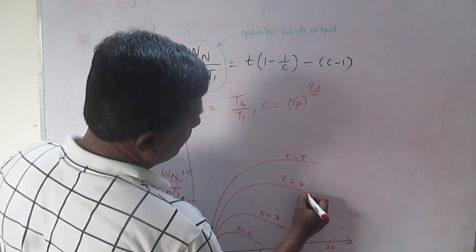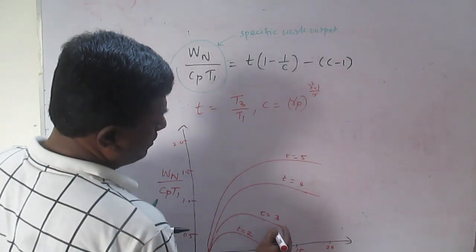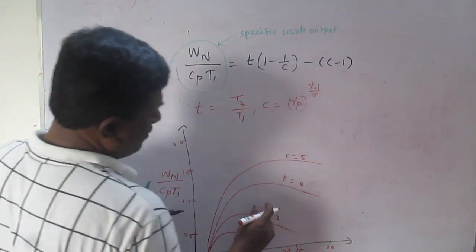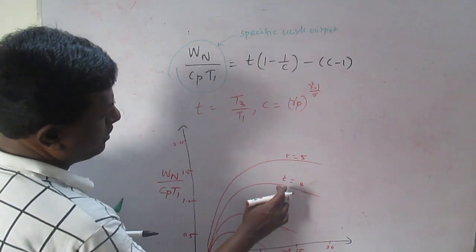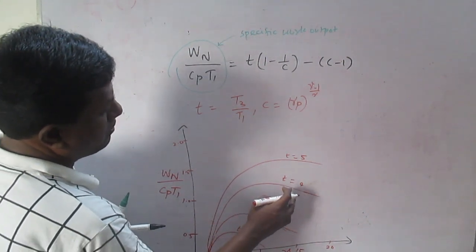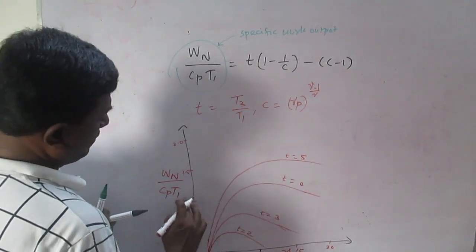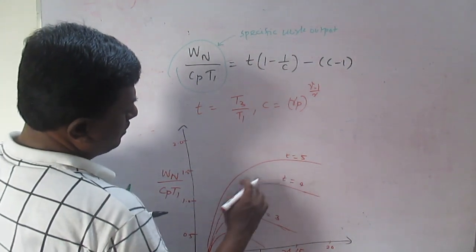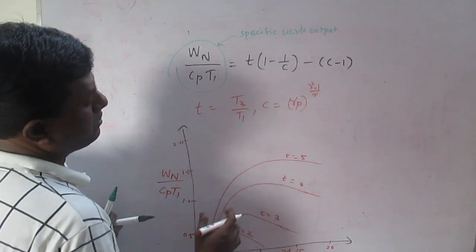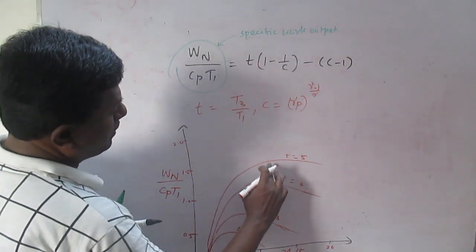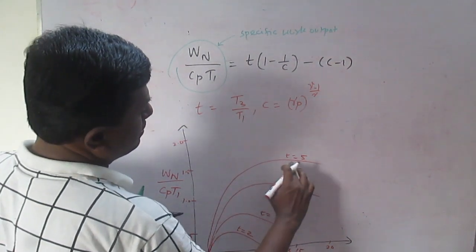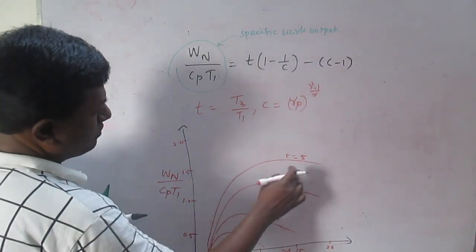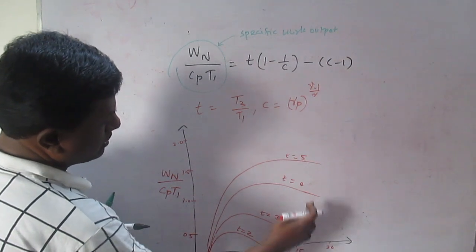What this curve exhibits is that as we go for higher and higher t value, for the fixed value of t, the curve also becomes constant. So when t equal to 5, this curve is almost straight, that means it is constant for a certain pressure ratio.